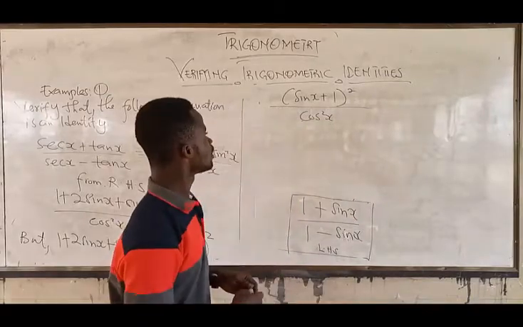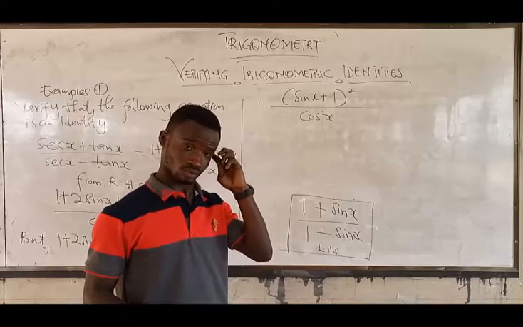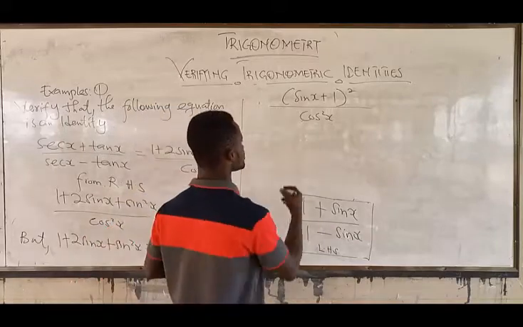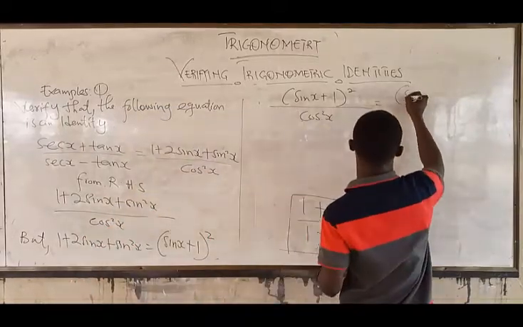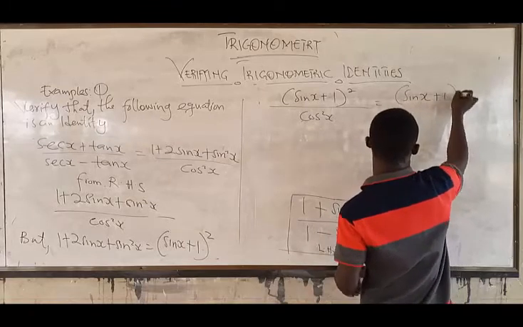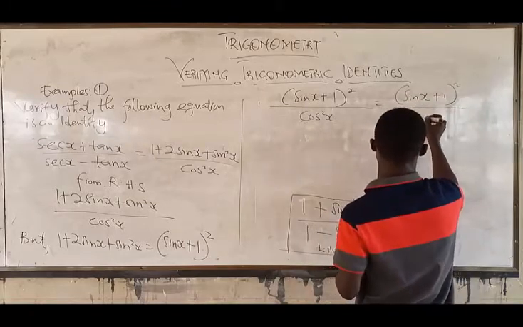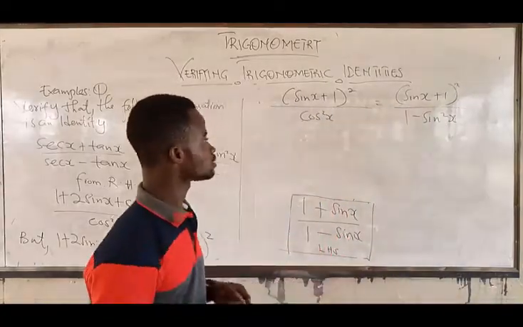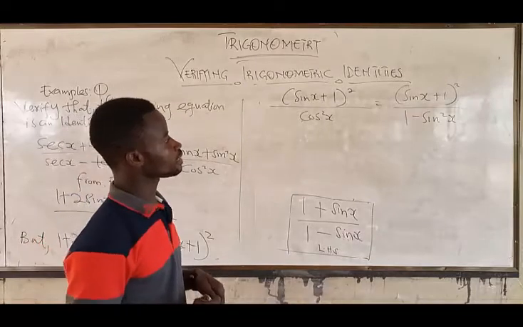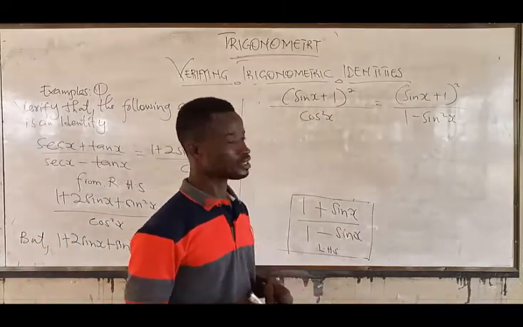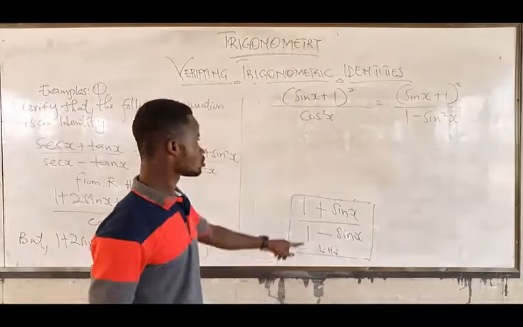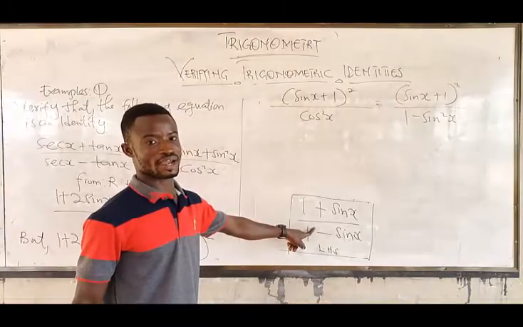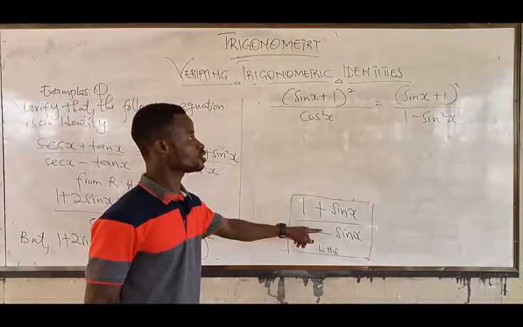So now, having this, you can see that cos squared is also the same as 1 minus sine squared. 1 minus sine squared. And don't forget, this is our goal now, right? This is our goal now.